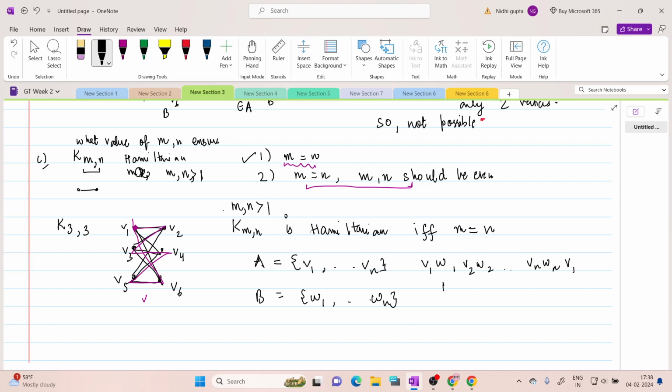So this is the required Hamiltonian cycle.